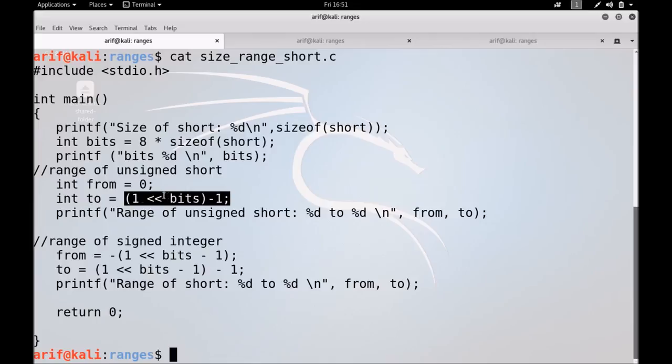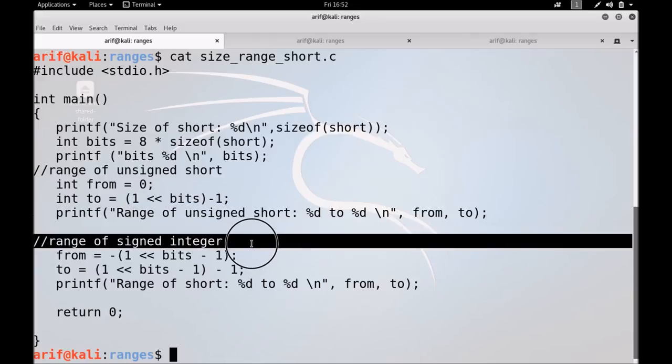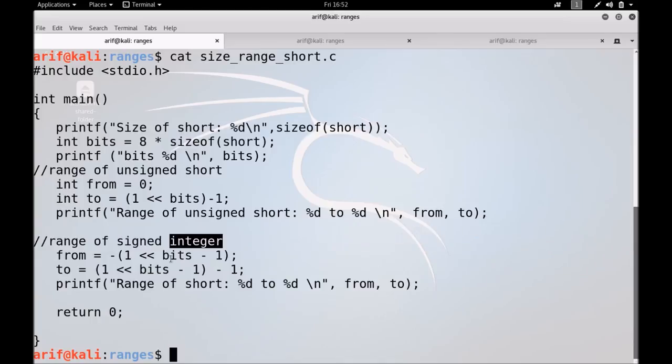So the range is from 0 to 2 raised to the power 16 minus 1. And for the range of signed short, in bits we have 16.